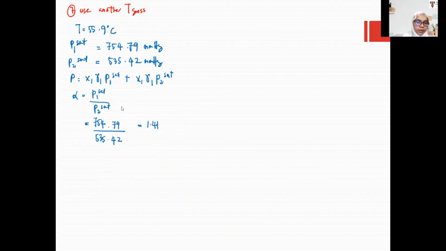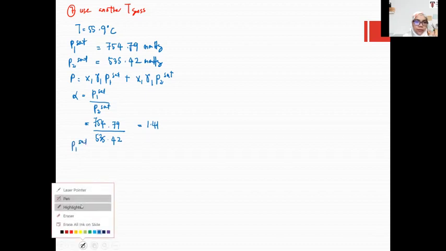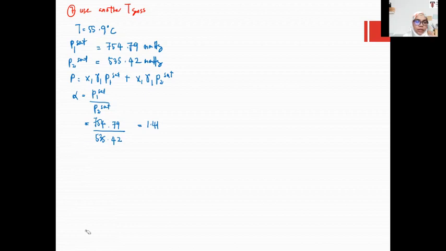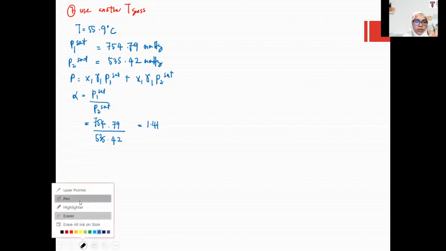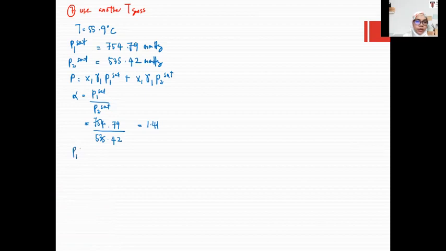So by using this alpha, inserting into P1 saturation, we already rearranged the equation to obtain P1 saturation equal to P over (X1 gamma 1 plus X2 gamma 2 over alpha), and P1 saturation is equal to 5.47 mmHg.